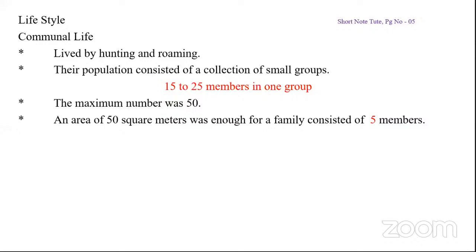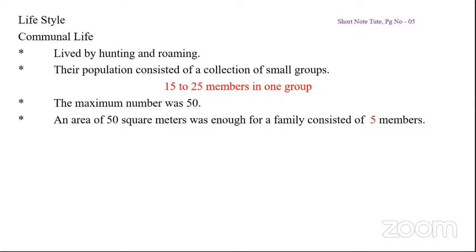Sometimes they were walking in the forest for 7 or 8 days to find an animal, because finding an animal and hunting is very difficult and frequently they wouldn't find animals. Then they had to go for 7 or 8 days and couldn't come back to their cave.